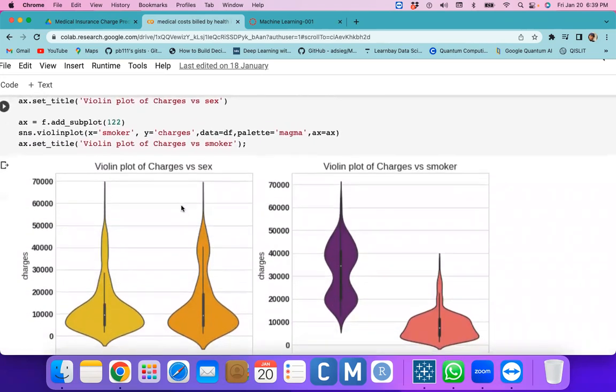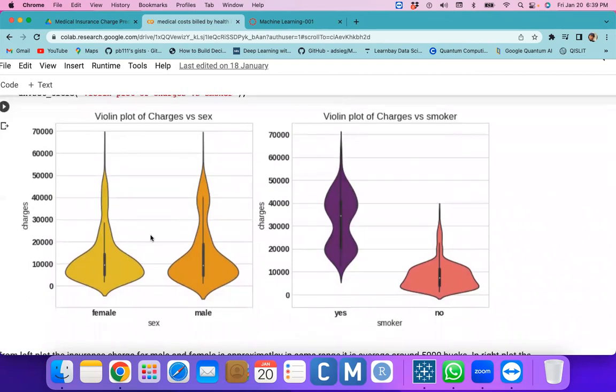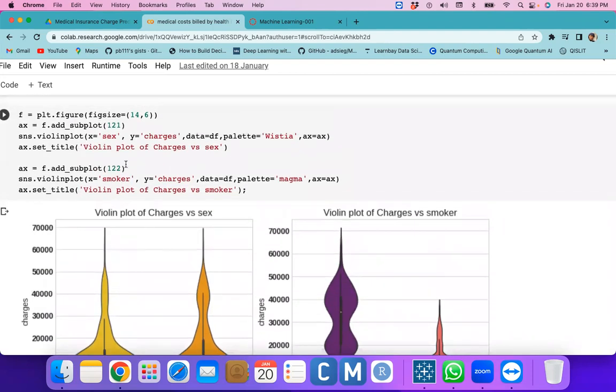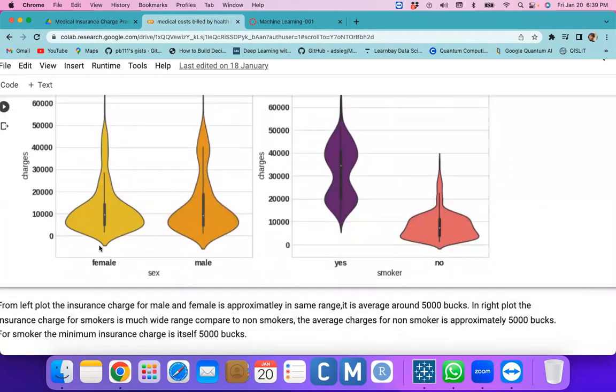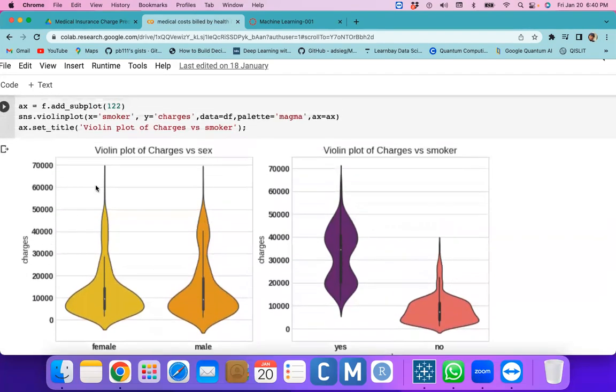These violin plots show the min, max, median, and quartiles, the five-number summary. We can display that summary with the help of violin plots. Here, for male and female, what could the charges be? The minimum charge for female starts around 1,000 or 10,000, and the highest would be about 70,000.